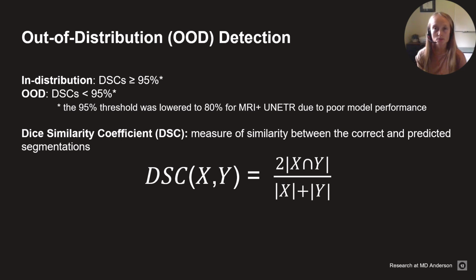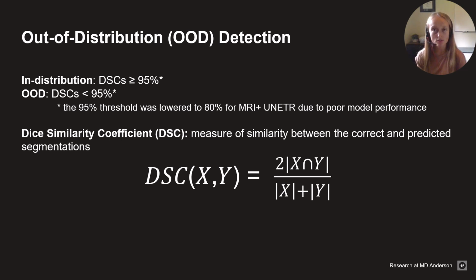We differentiate between in and out of distribution using a 95% threshold of the dice similarity coefficient, with the idea being that good performance is above 95% dice and poor performance is below 95% dice.